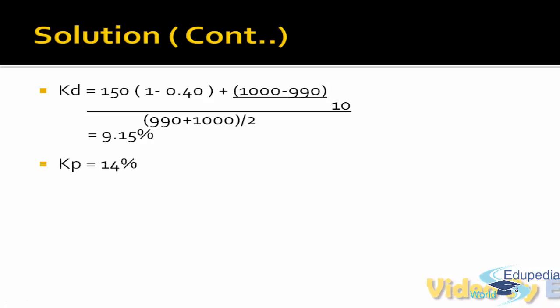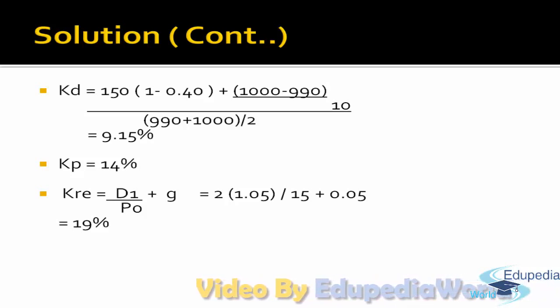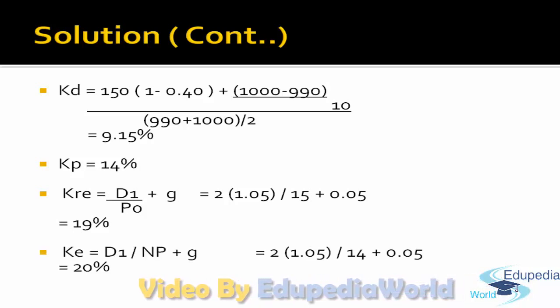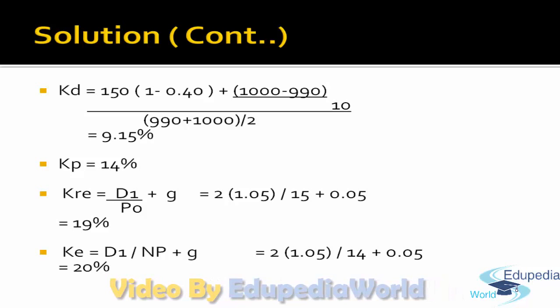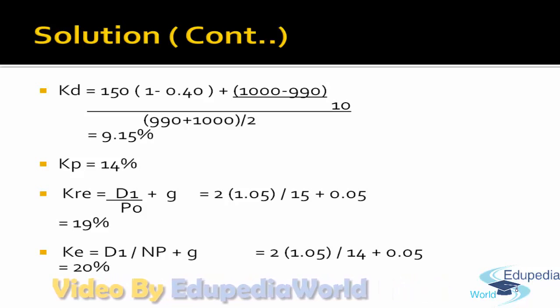Cost of preference share is 14%. Cost of retained earnings. There it is mentioned that 2 rupees is the expected dividend. 2 into 1.05, where 5% is the growth rate, divided by the market value of the share, plus growth. So cost of retained earnings is 19%. Cost of equity is 20%. I'm not discussing it in detail because we have already covered how to compute these respective costs.